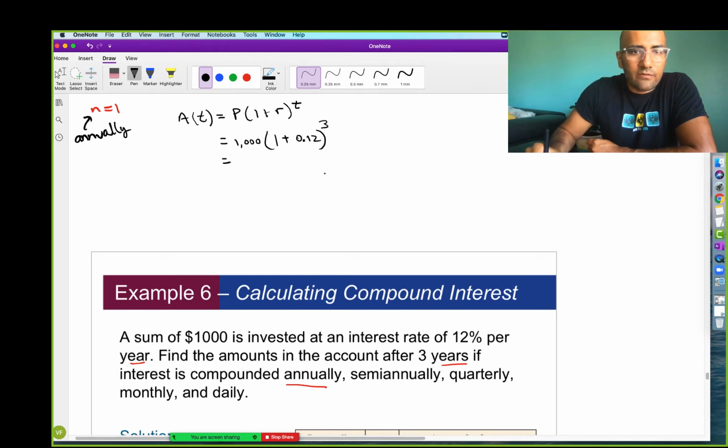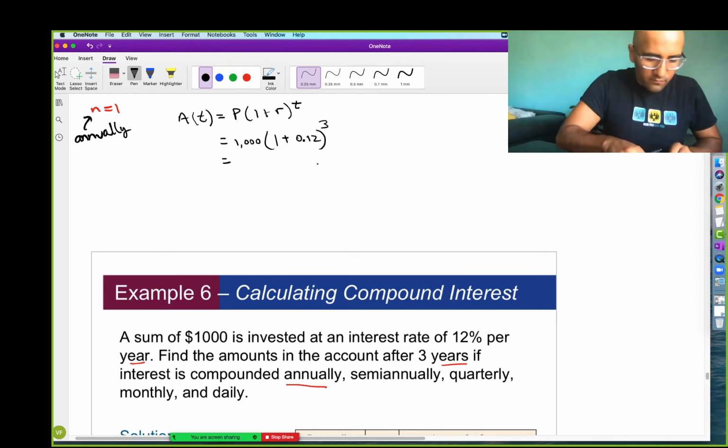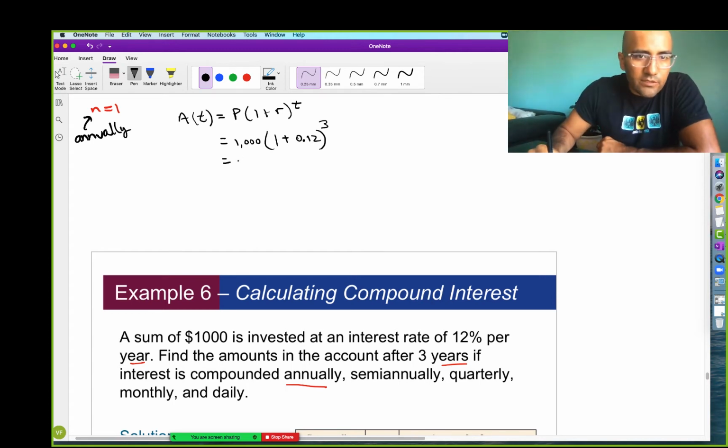Good. So we get an answer from that. That's going to be 1.12 to the power of 3 times 1,000. I'm getting 1,404 and 93 cents. Good. This is A of 3.